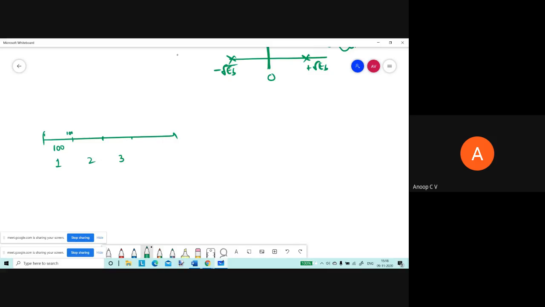So the first bit duration is samples 1 to 100, the second bit duration is samples 101 to 200, and the third bit duration is samples 201 to 300.